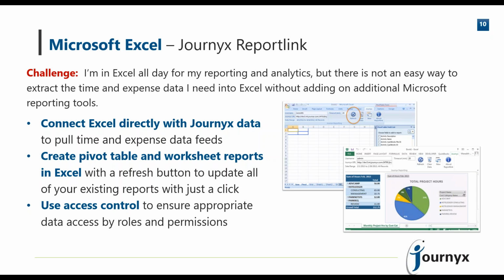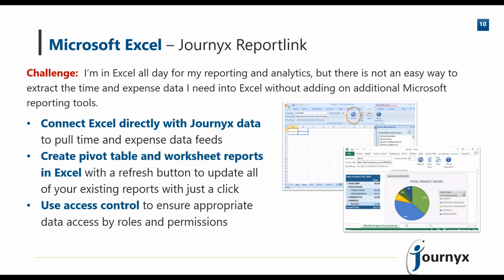And in short, what Report Link allows you to do is we are using our API to connect Microsoft Excel directly with the Journyx database. So basically the way that it works is you've got a little plug-in into your Excel user interface.